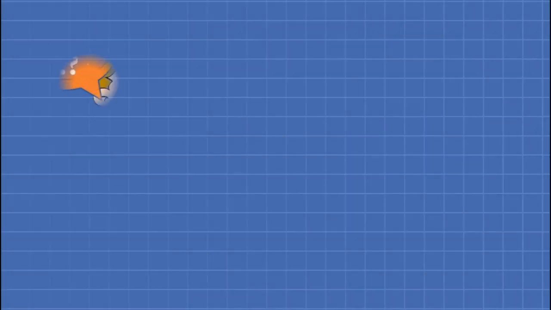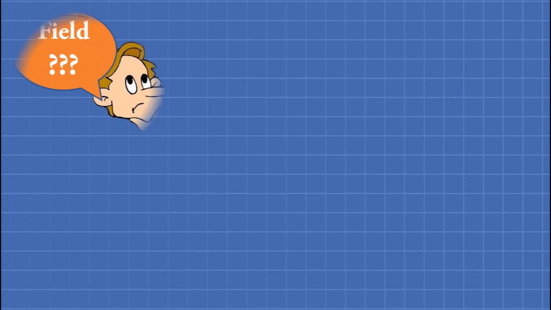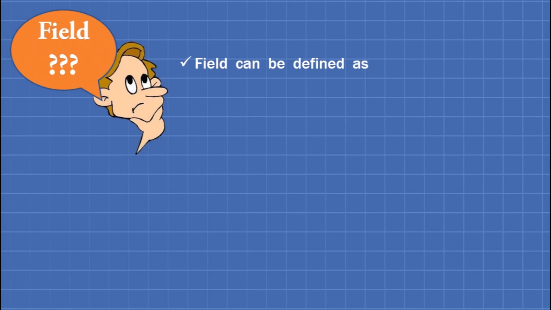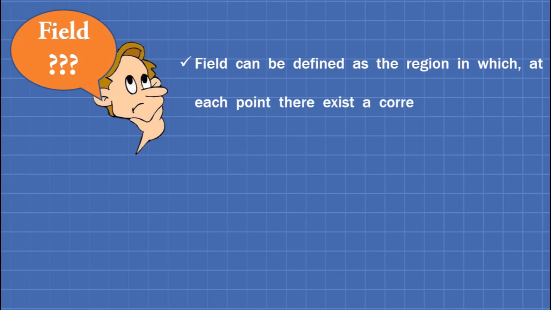So from this discussion we now have a rough idea about field, and if we want to define the field, then we can say that field can be defined as the region in which at each point there exists a corresponding value of some physical function, or say quantity. That physical function may be anything, because we are under the constant effect of the gravitational field, and the magnetic field of the earth.